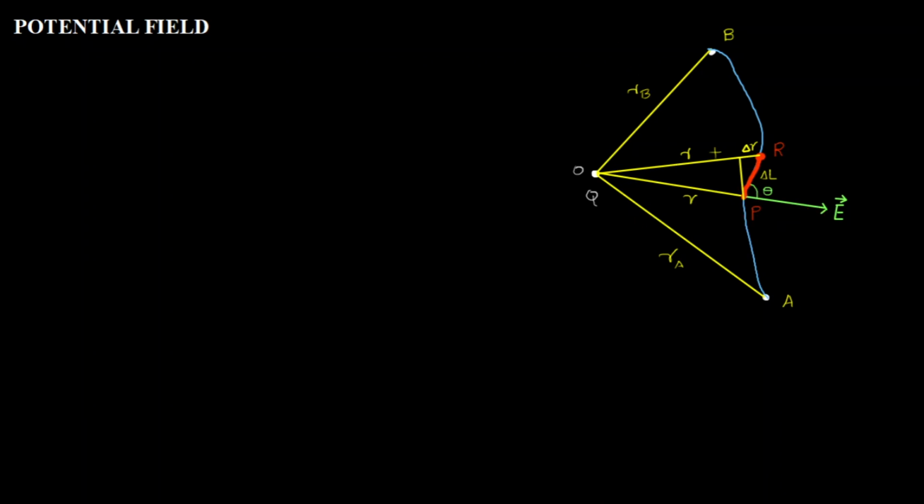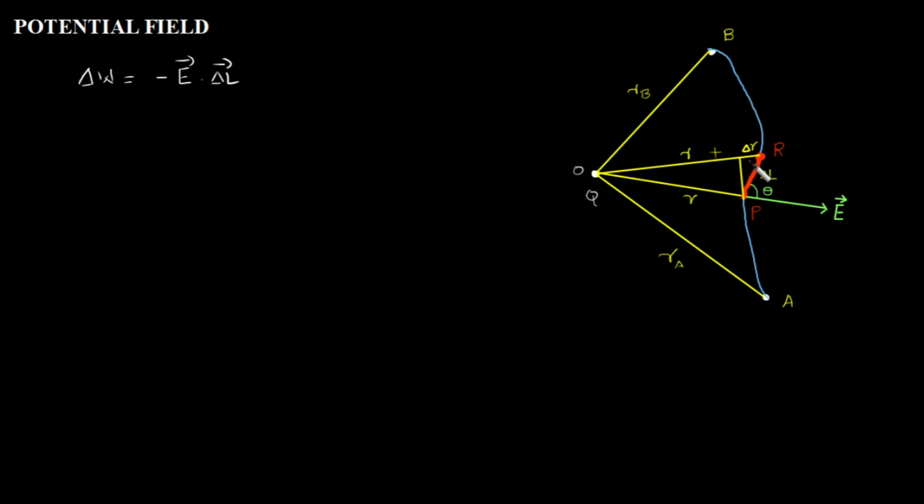Fine. Now we are all ready to write the expression. As we know, a small work done, I write it as delta W, in moving a charge from P to R can be written as minus Q E dot delta L, but here Q is unit positive charge, so Q is taken as 1, so I write it as minus E dot delta L. Now by using the definition of dot product, of two vectors, I can write it as magnitude of the first, magnitude of the second vector, cosine of the smallest angle between them.